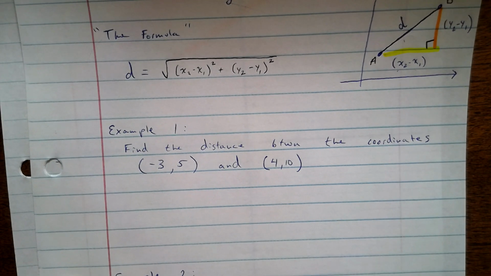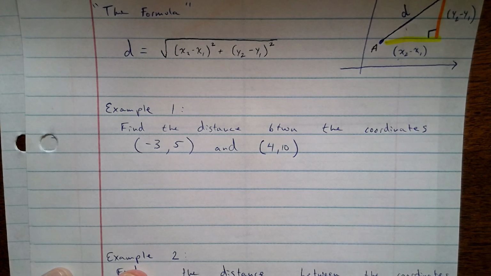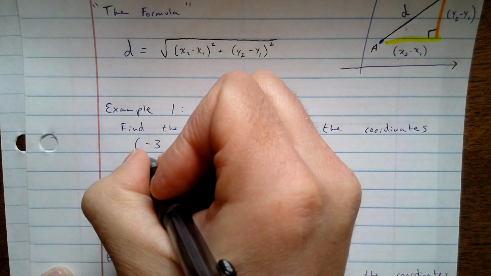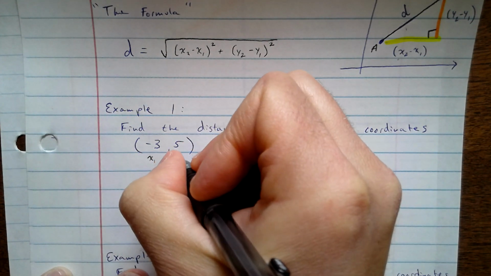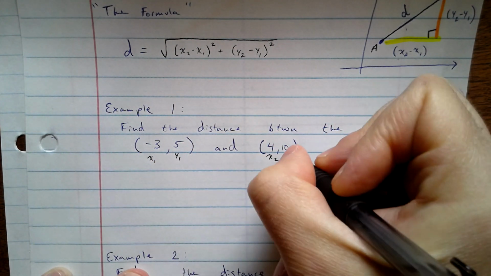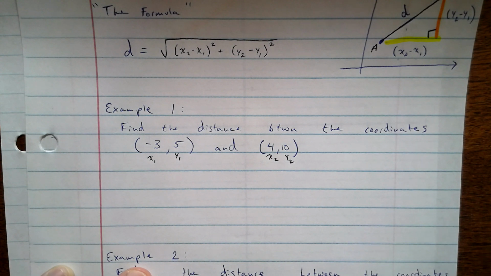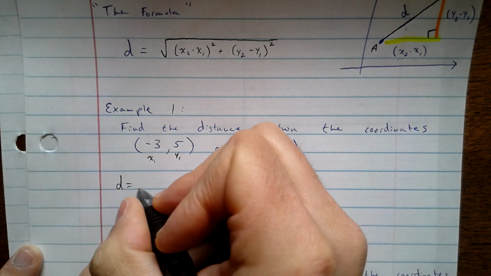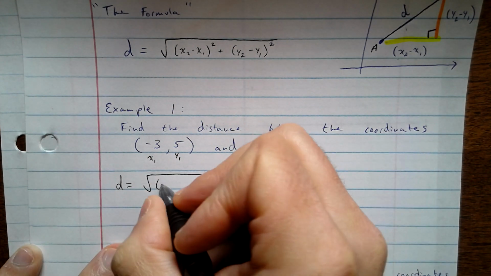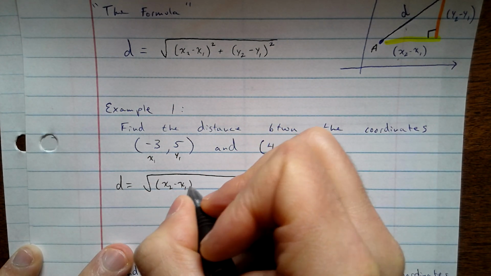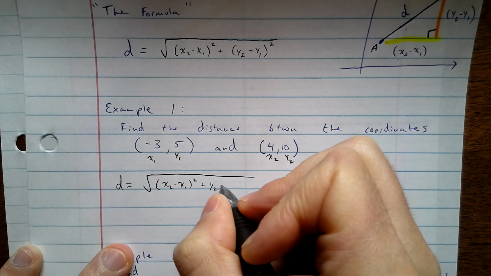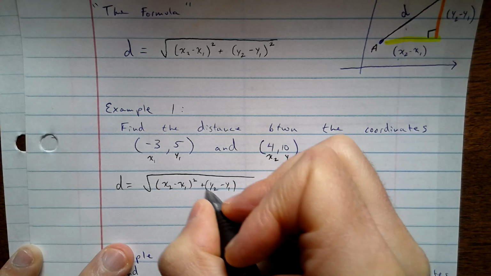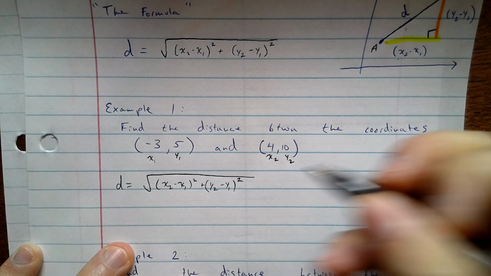We're going to try and use the formula correctly. First thing I'm going to do is label values: x1, y1, x2, y2. After that, I'm going to plug into the formula. I like to write the formula down: D is equal to the square root of x2 minus x1 squared plus y2 minus y1 squared, and then sub values in.